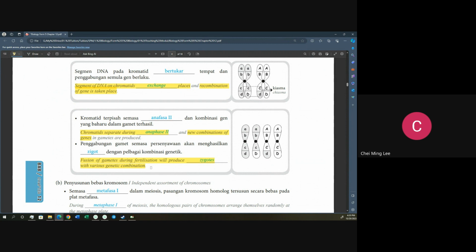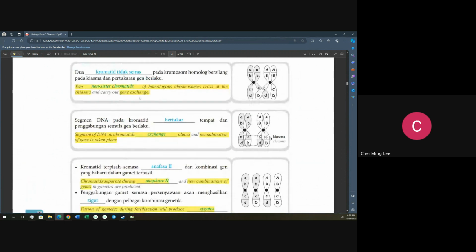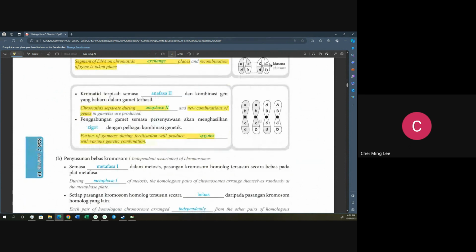Because it will accept the genetic information from both male and female parent. So each of them, due to this crossing over, has already changed and mixed the genetic content. That's why when they get genes from both male and female parent, of course the difference will become bigger.